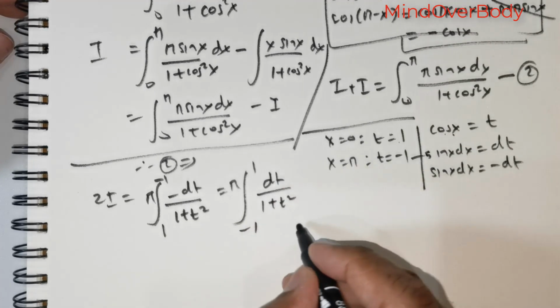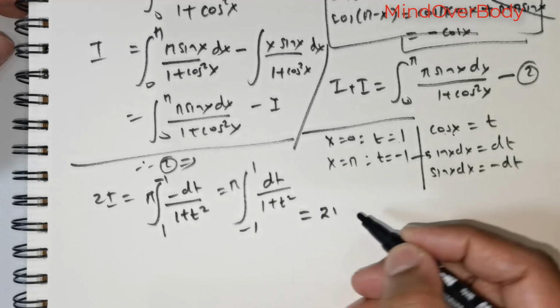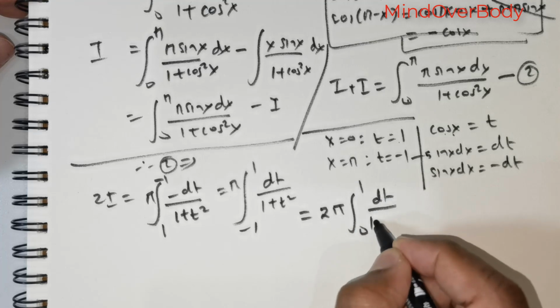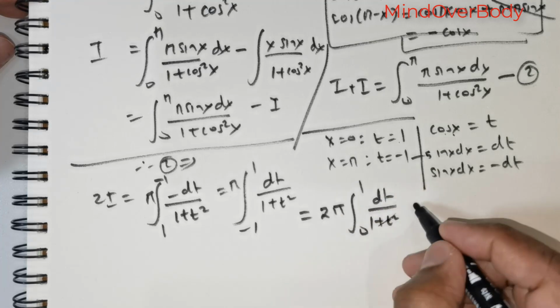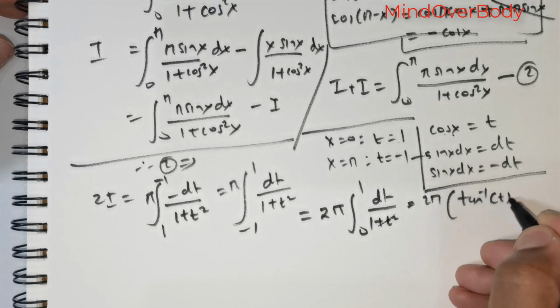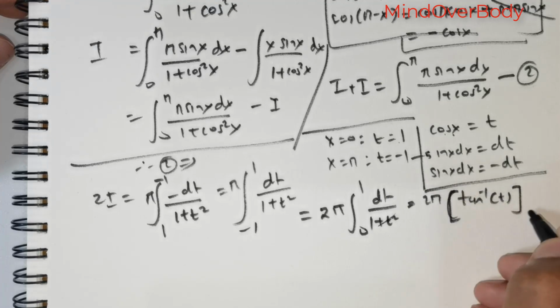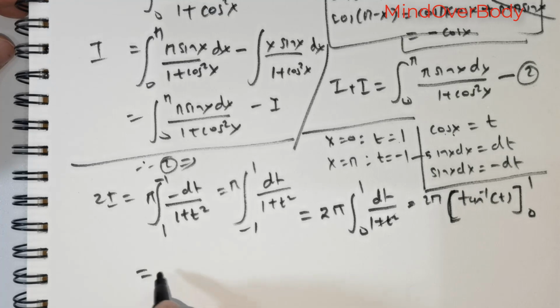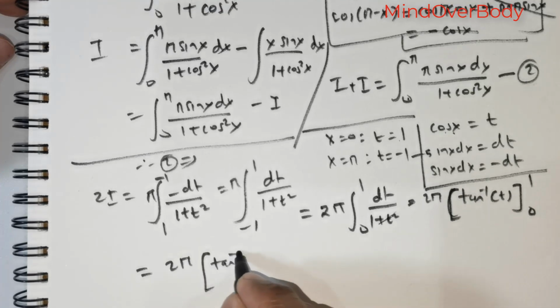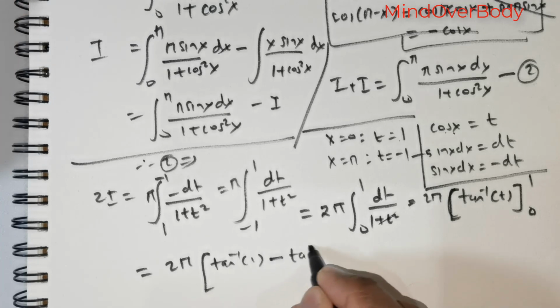Now this function is an even function, so I can rewrite this as 2 times pi, 0 to 1, dt divided by 1 positive t squared. What is this? This is nothing but tan inverse of t, and the limits are 0 to 1. So this is equal to 2 times pi times tan inverse of 1 negative tan inverse of 0.